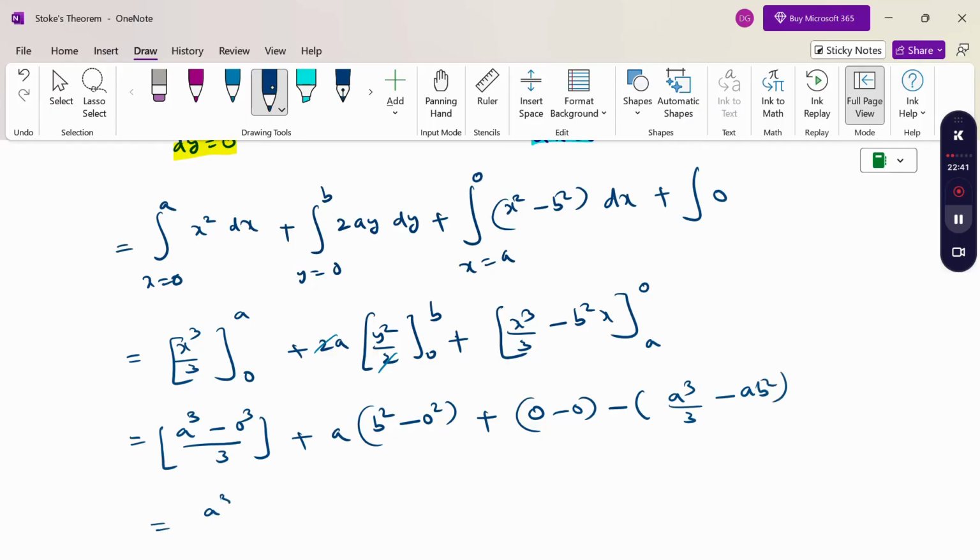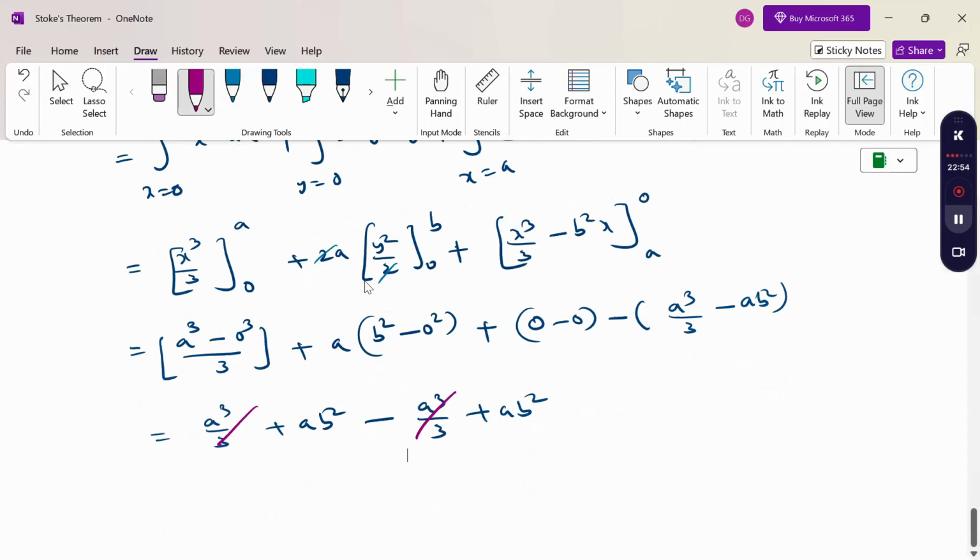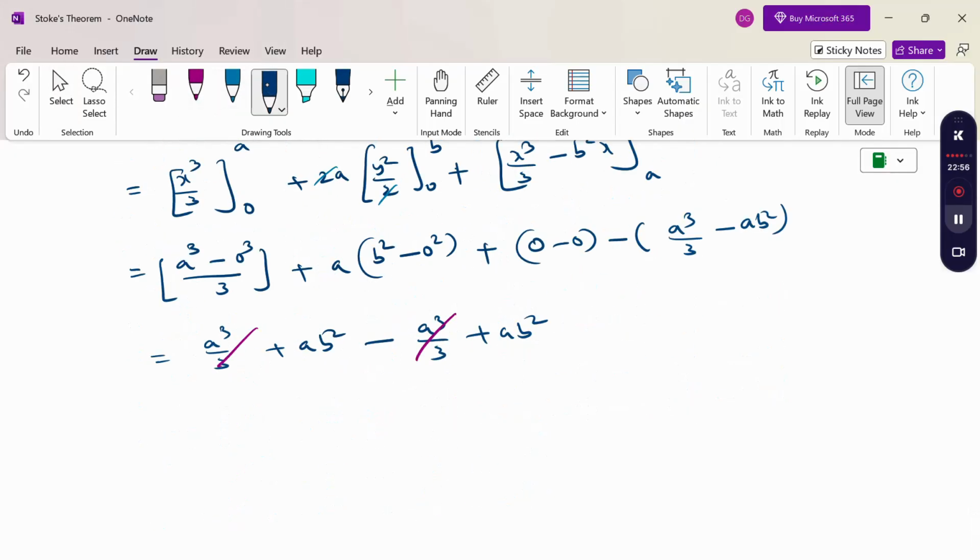Now a cube by 3 plus a b square minus a cube by 3 plus a b square; cancelling the terms, the value is 2ab square.